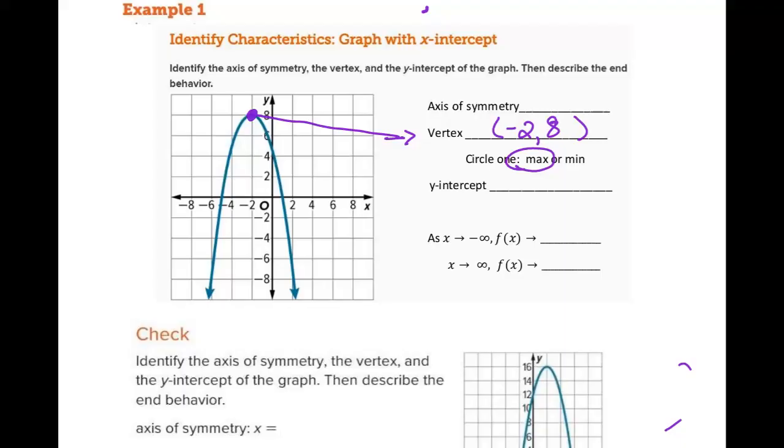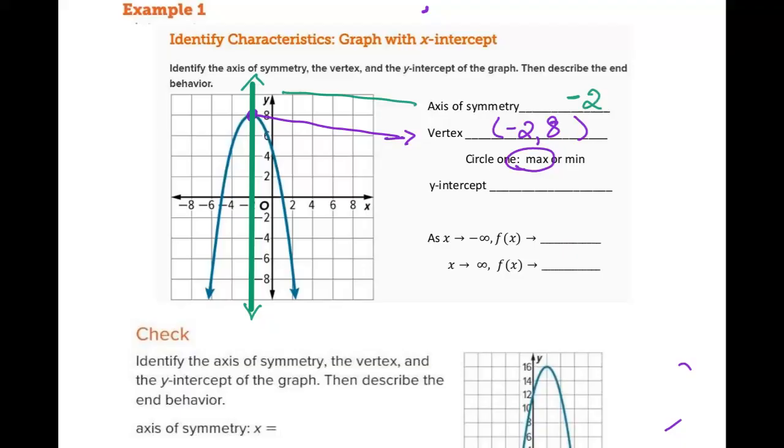Now, the axis of symmetry is a line that goes through that point right here. What is my axis of symmetry? Yes, there's a little bit more to it because it's an equation.